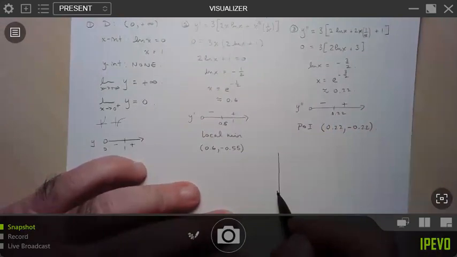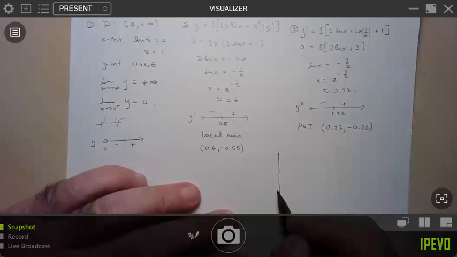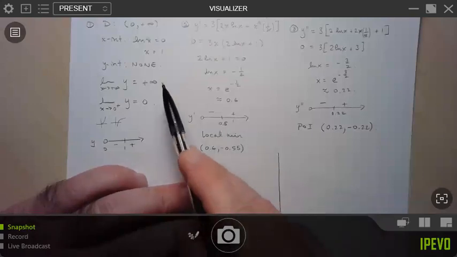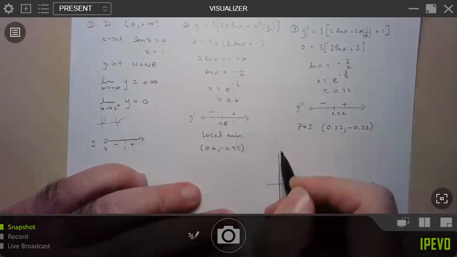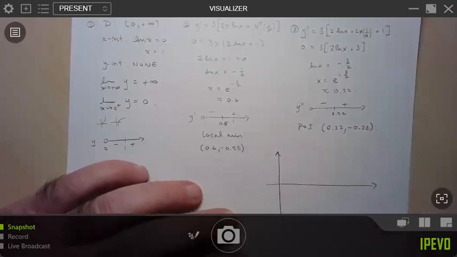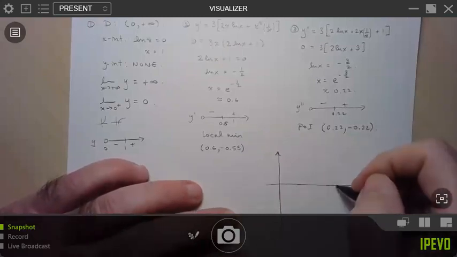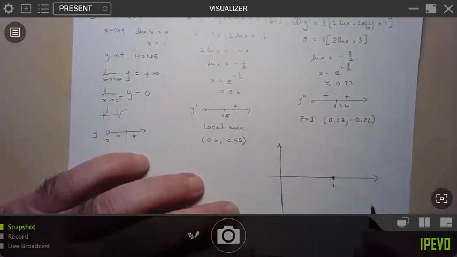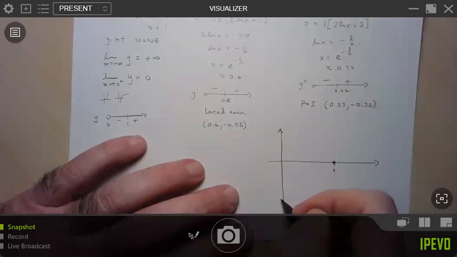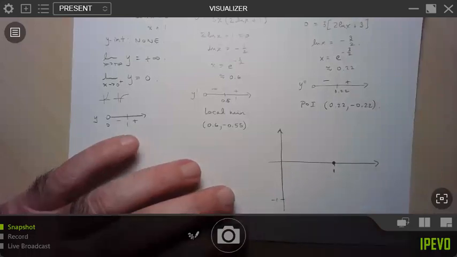Do I have any positive y values at all to work with? If I take a look, no, not really. So I'm going to put this fairly high up here. I know I need to get to x equals 1, so I'll put 1 there, and I've got my x-intercept.